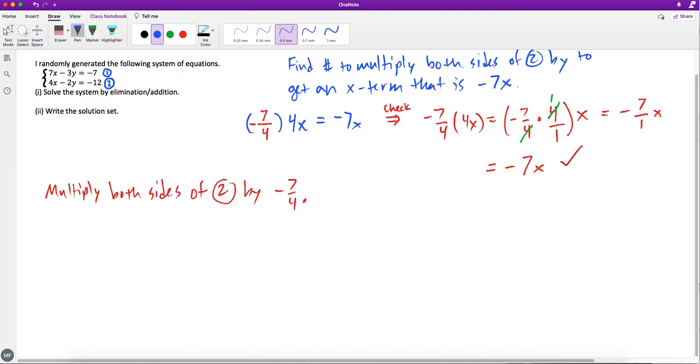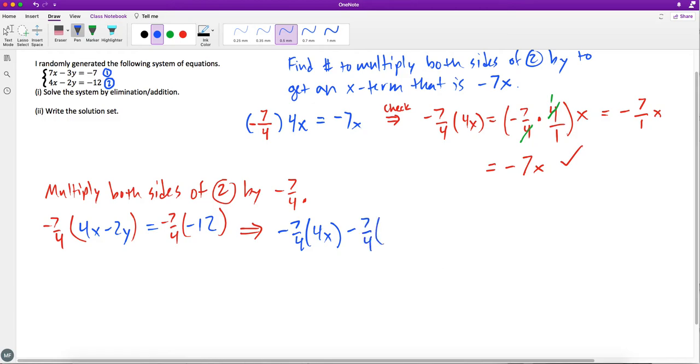So I have 4x minus 2y equals negative 12, but I'm going to multiply both sides by negative 7 fourths. That's one of the properties of equality. So if I do that, I'll distribute the negative 7/4. On the right-hand side, there's no distributing because there's no sum, so I'm just going to go straight into multiplying.